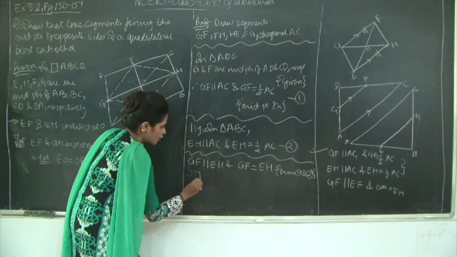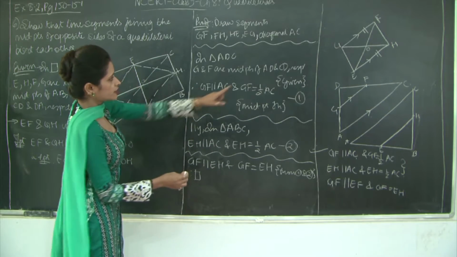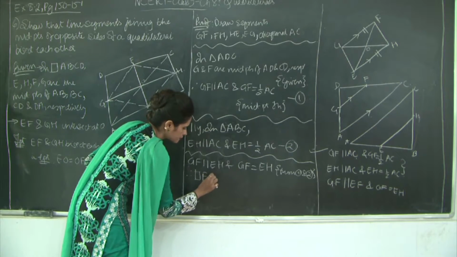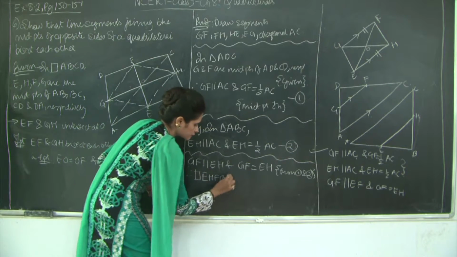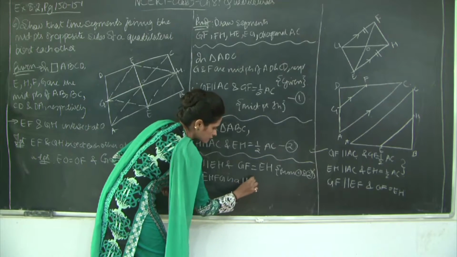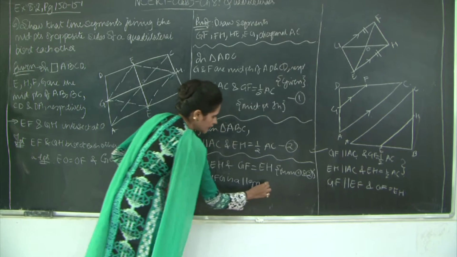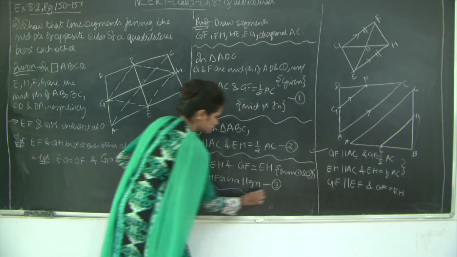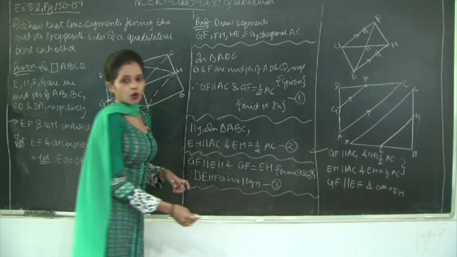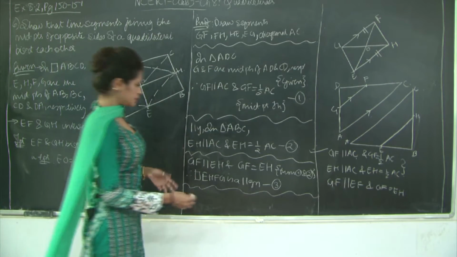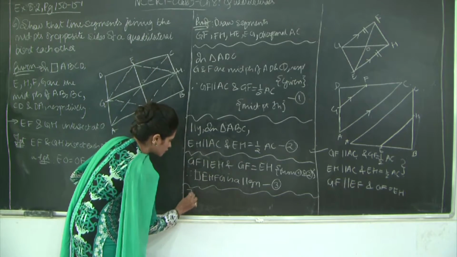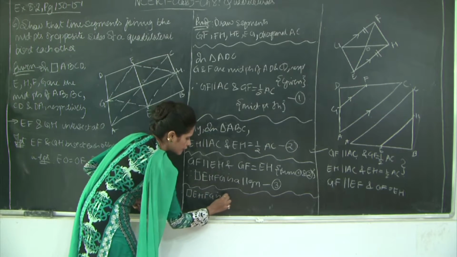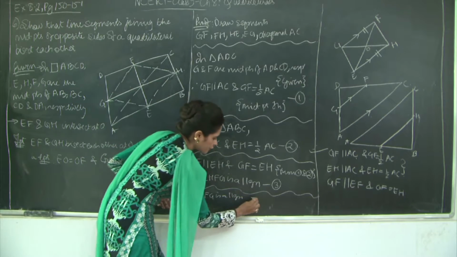Therefore, quadrilateral EHFG is a parallelogram. Let's mark this as 3. So what are my diagonals? EF and GH. Quadrilateral EHFG is a parallelogram from 3.